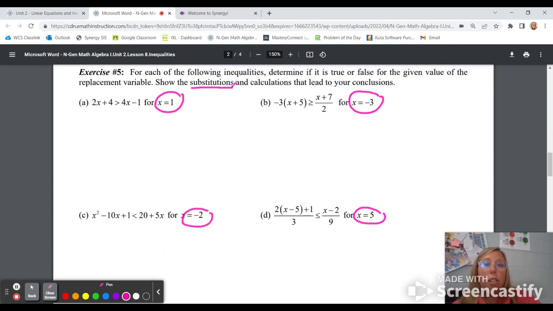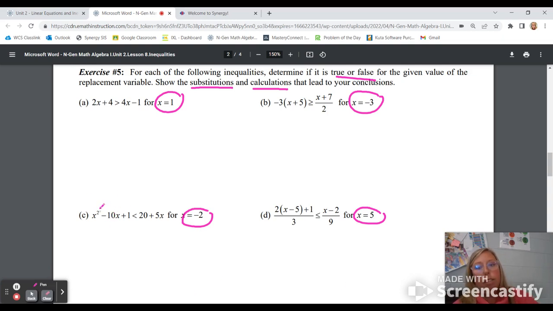It says to show your substitutions and calculations and tell whether these are true or false. So they want you to plug in these numbers, calculate your answer, and determine if you have a true or false statement. I'll do C for you since you got an exponent in there to consider.